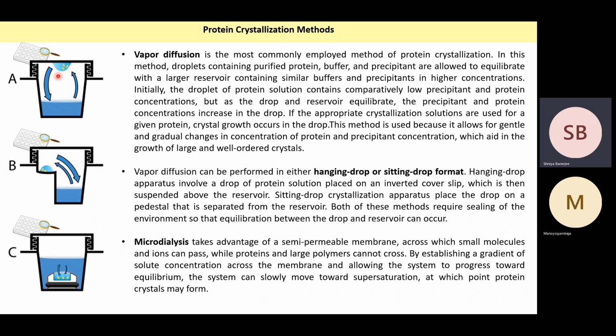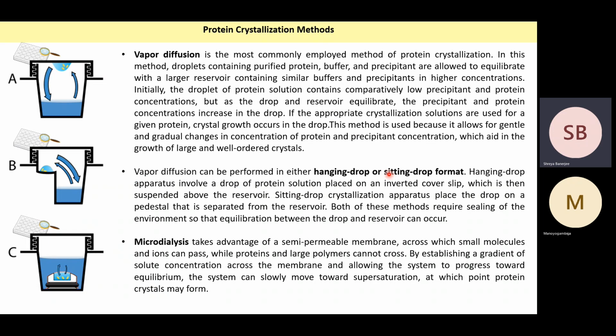So basically what this is saying is that in this method, the evaporation of the buffer solution is very slow, and this allows the crystals to form well-ordered structures. Whereas if the evaporation was fast, then the crystals would be haphazard. So as I told before, vapor diffusion can be performed in either hanging drop or sitting drop format.